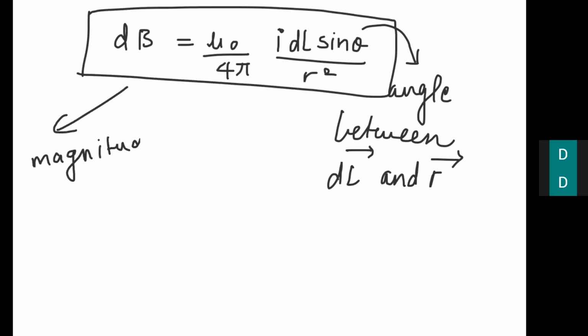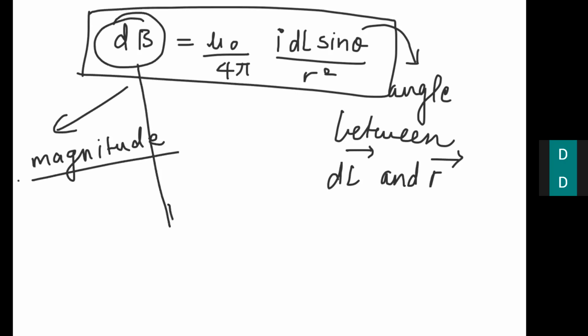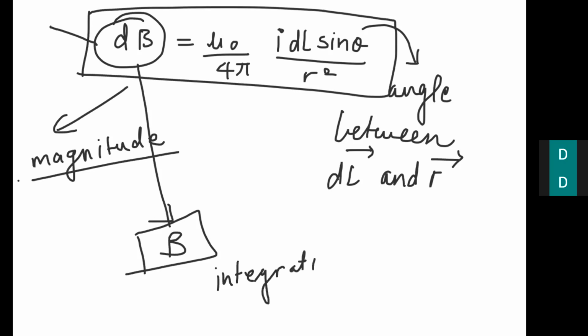You must be wondering what if we want to get B from dB. For that, we need to do the integration, and further work can be done, and then we can get the complete expression for B. But that can be manifested in several numericals that we do.